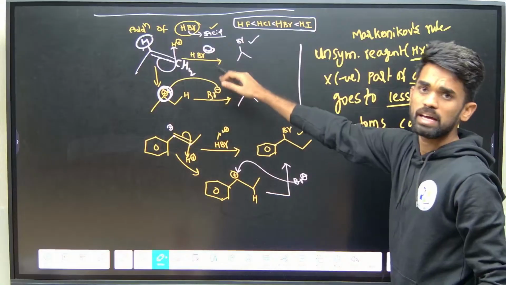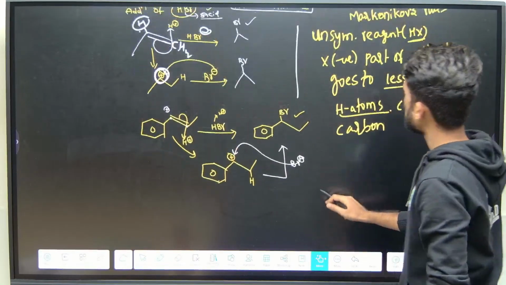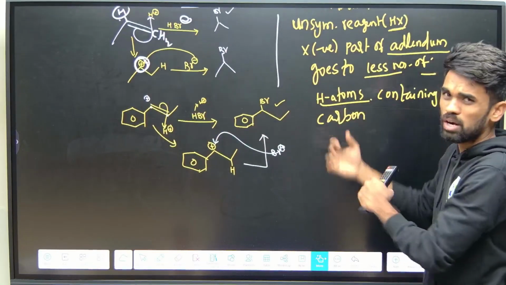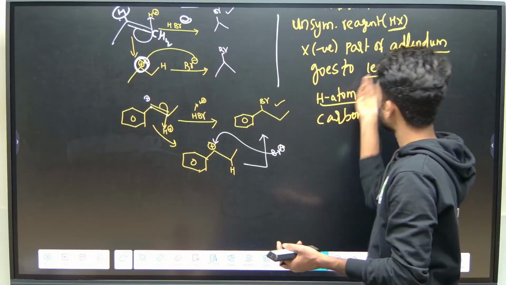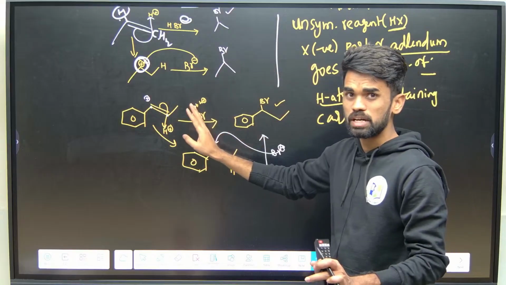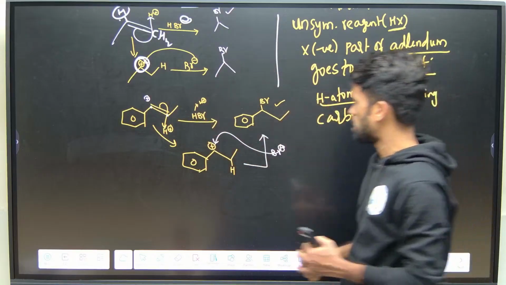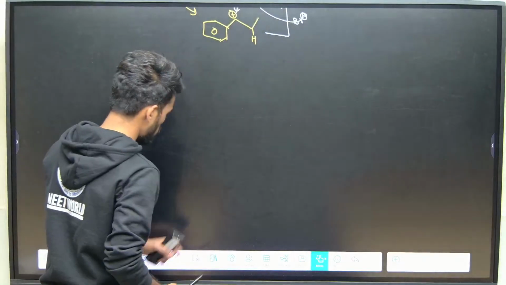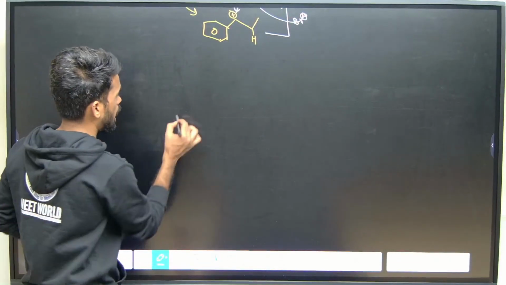This is the example you can understand. There is one more rule called the Anti-Markovnikov rule, which is the opposite of this. It means the negative part goes to the carbon containing more hydrogens. So now you have two rules: the Markovnikov rule and the Anti-Markovnikov rule.